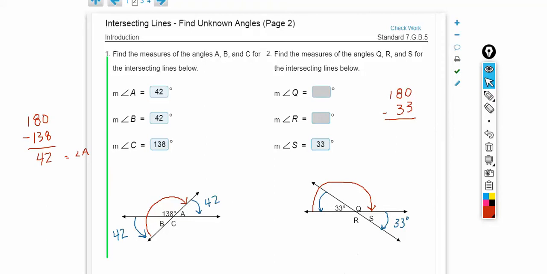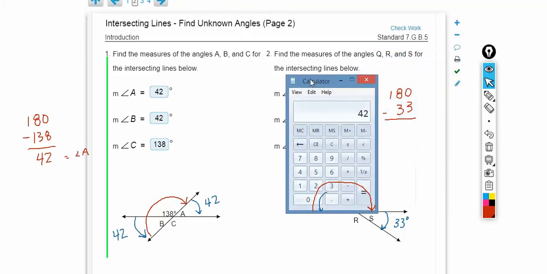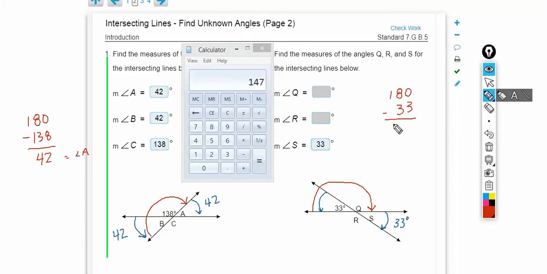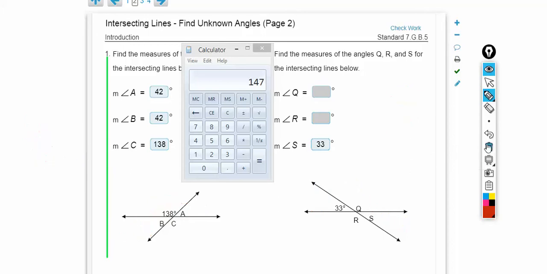180 minus 33 equals 147. So right here we have 147 degrees, and 147.